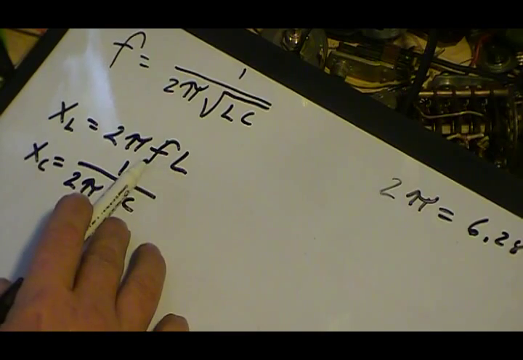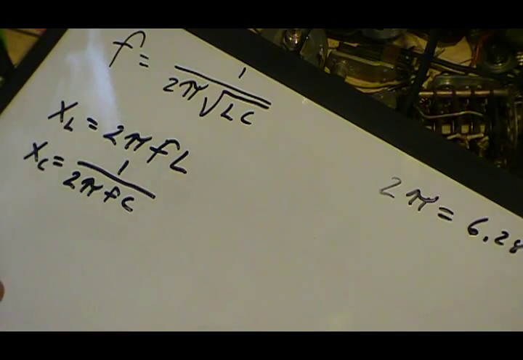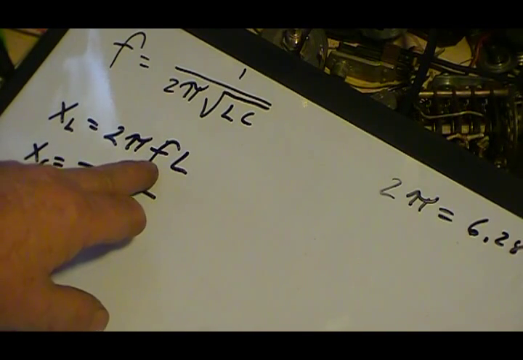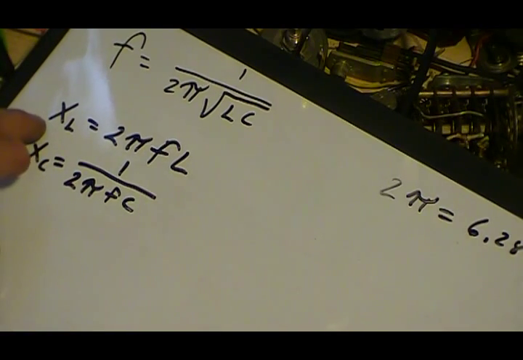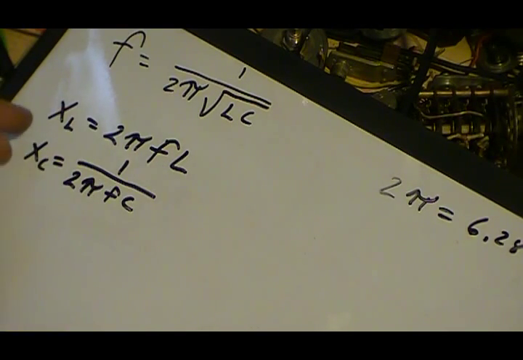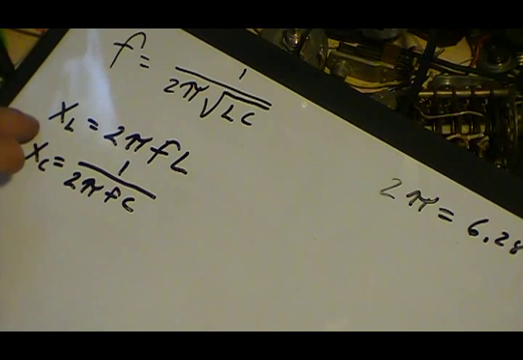The 2 variables in here are frequency and inductance. When either one of these goes up in value, X sub L goes up in value. If either one of these or both go down in value, X sub L goes down in value, because it's what is known as a direct proportional entity.